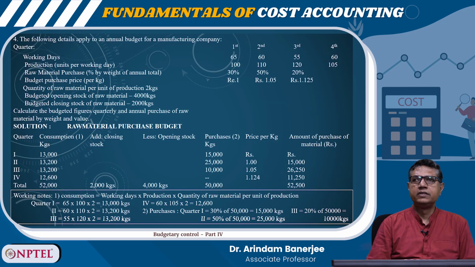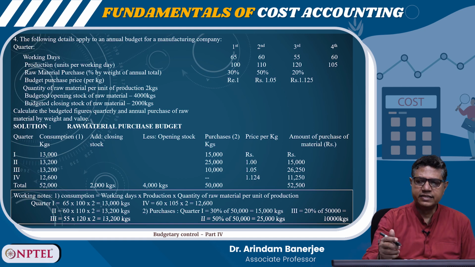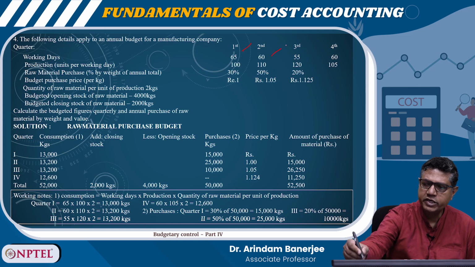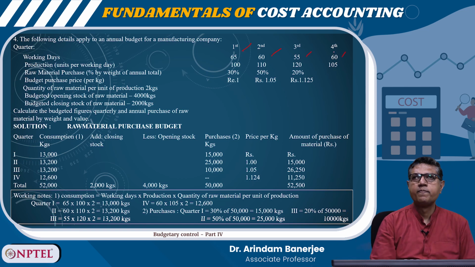Fourth question, the following details apply to an annual budget for a manufacturing company. So, 4 quarters, first, second, third and fourth, working days 65, 60, 55 and 60.